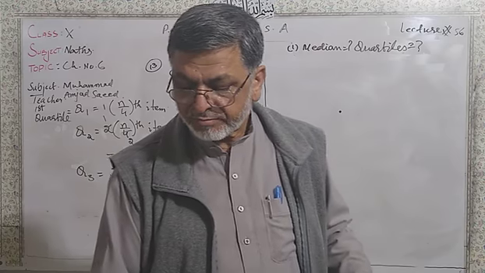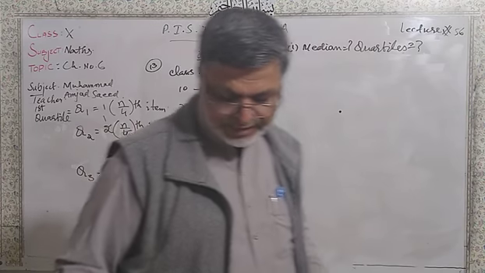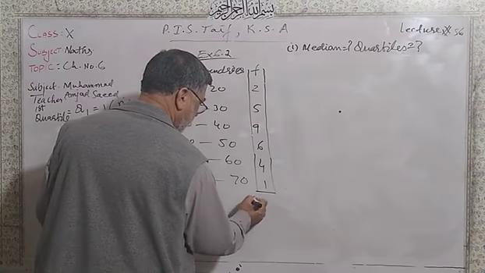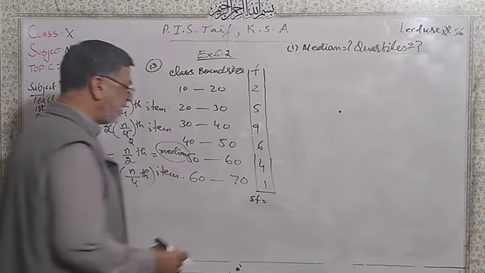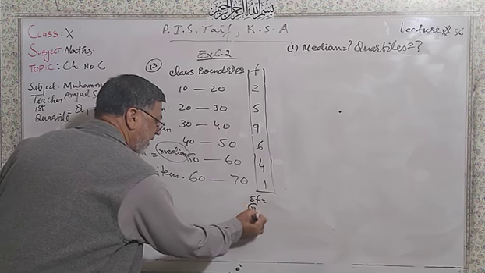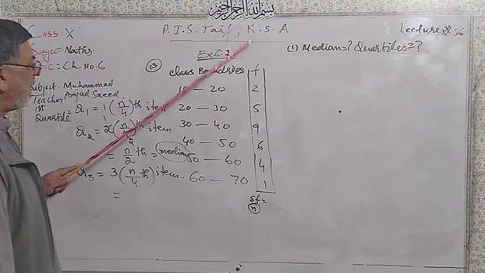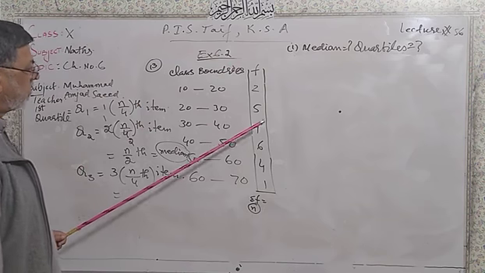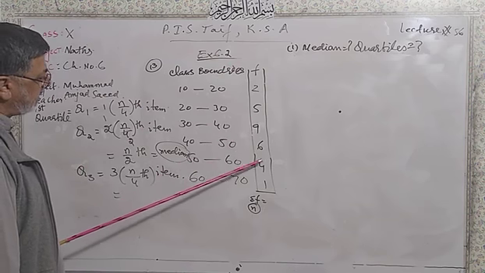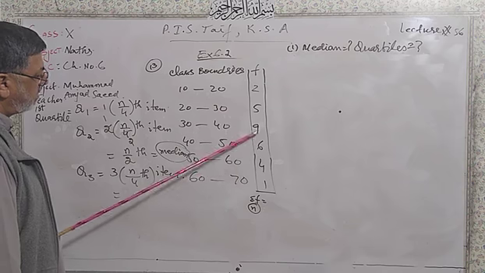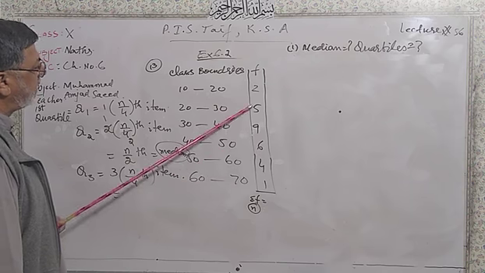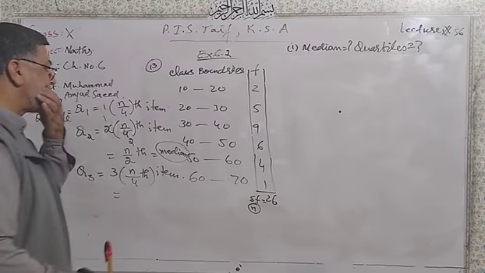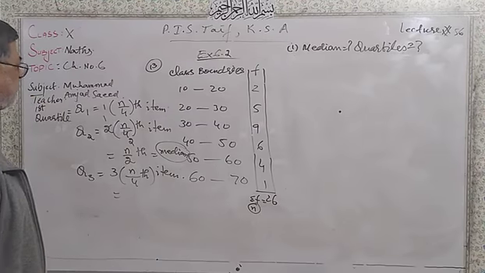Dear students, we now have this f as sigma f, actually it is n. You add them, what will it be? This is 10, 10 and 10, 20, and this is 26.